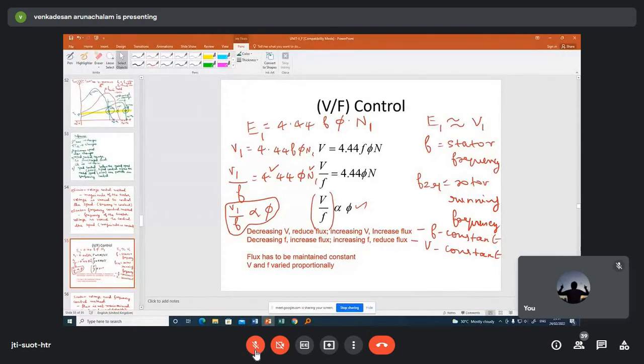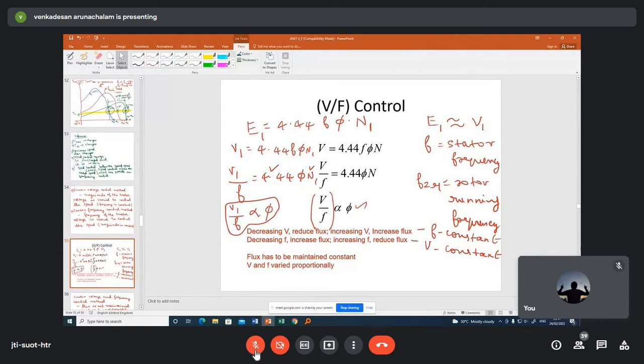So the EMF equation we have derived in the transformer is applicable for the induction motor also. What is the EMF equation? EMF equation is 4.44 times frequency, flux and the number of turns.